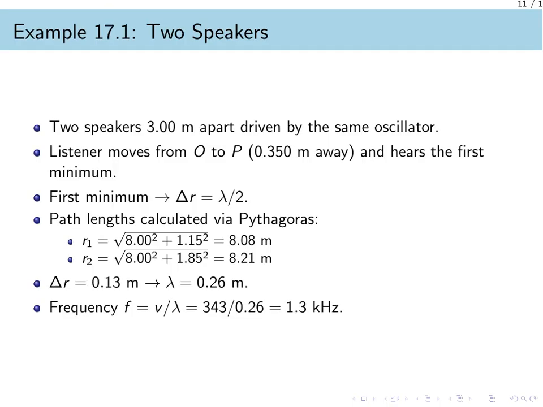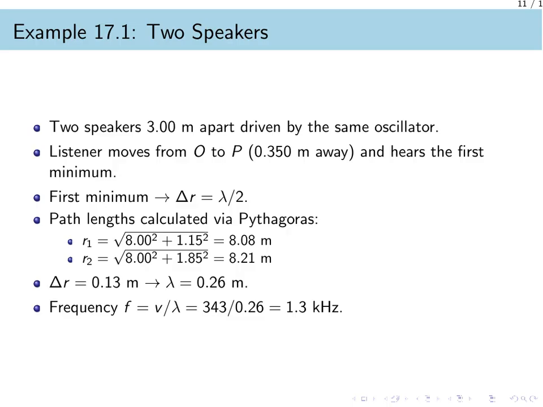Let us look at a practical example involving two speakers separated by 3 meters and driven by the same oscillator. A listener moves from a central point to a new position, point P, which is 0.350 meters away, where they hear the first minimum in sound. This minimum indicates that the path difference equals half a wavelength.